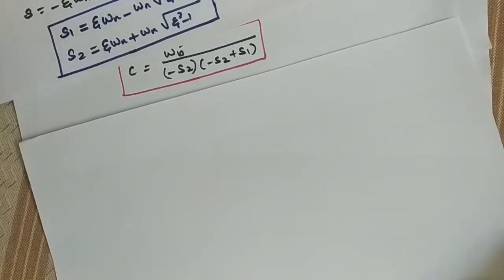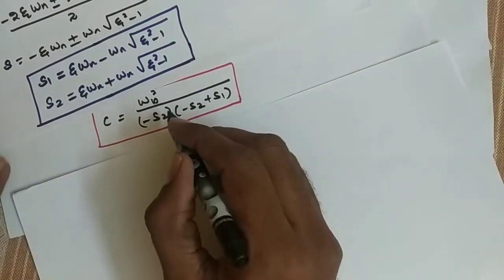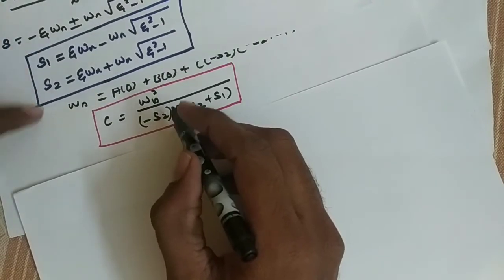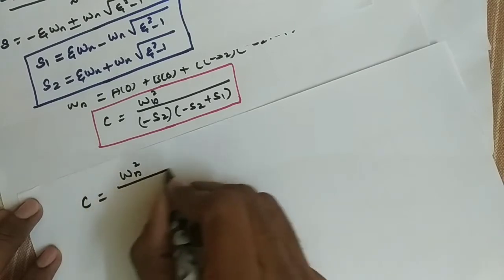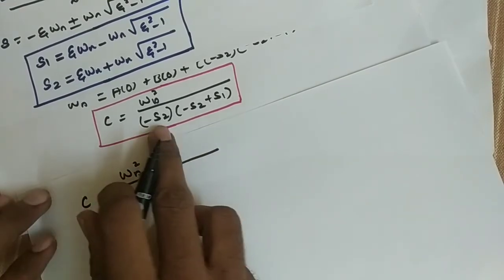This is what we are going to solve now. In this equation we are going to substitute the values of S1 and S2. C equal to omega n square whole divided by minus S2.